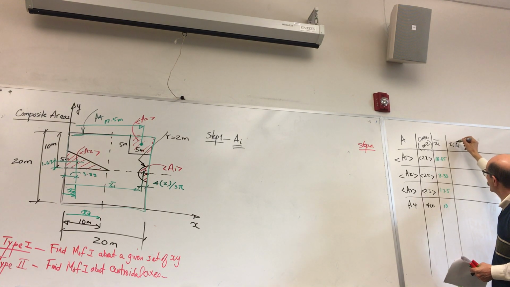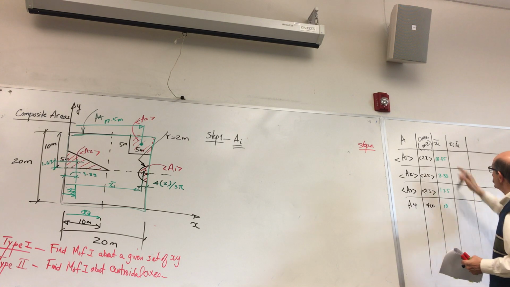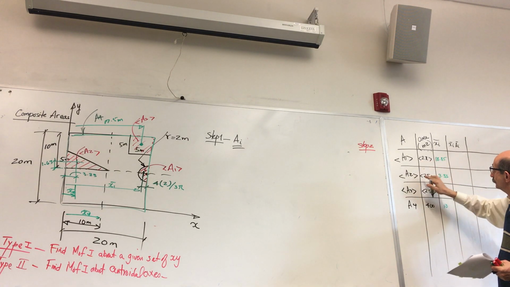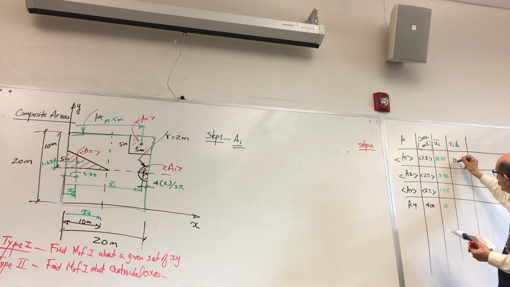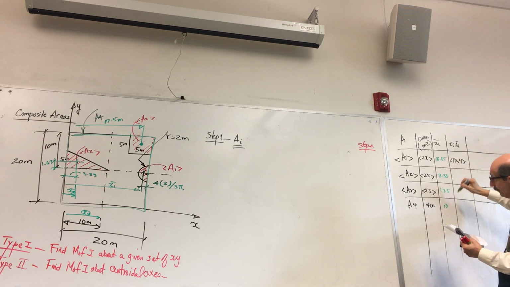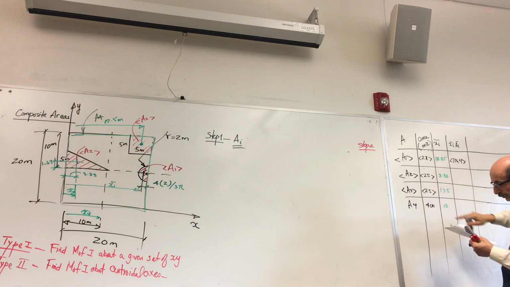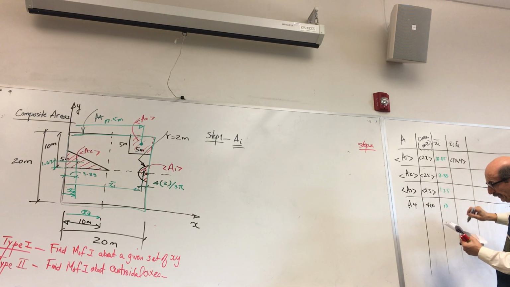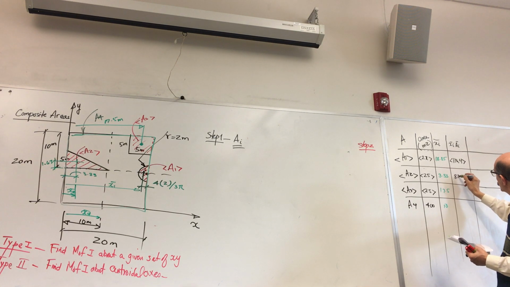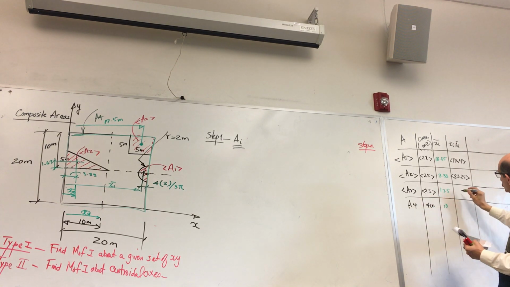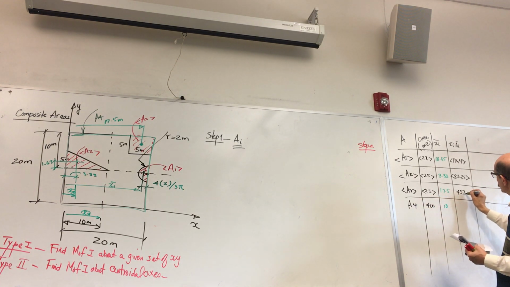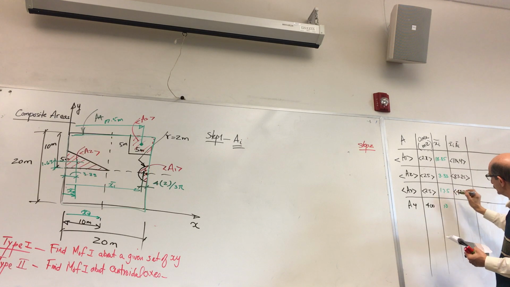Ai times xi, right? So it would be this times that for all of them. I'm going to write them down again. So 118.4, and that is negative. 33 times 2.5 would be 83.25, negative. 17.5 times 25 would be 437.5, negative.